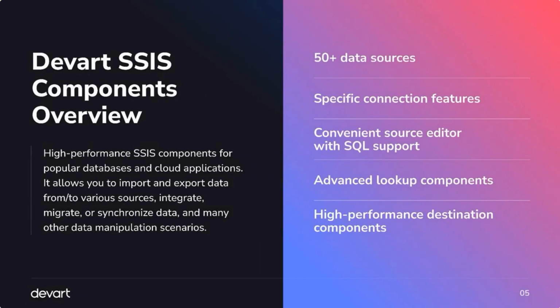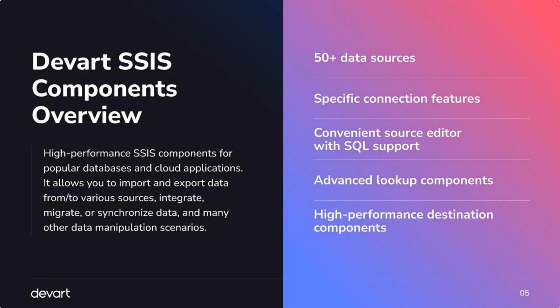Let's explore our SSIS components. This high-performance component supports over 50 data sources, including major databases like MySQL, PostgreSQL, data warehouses like Amazon Redshift and Snowflake, cloud services like CRM, e-commerce platforms, etc. Each component is optimized for seamless connectivity and performance.